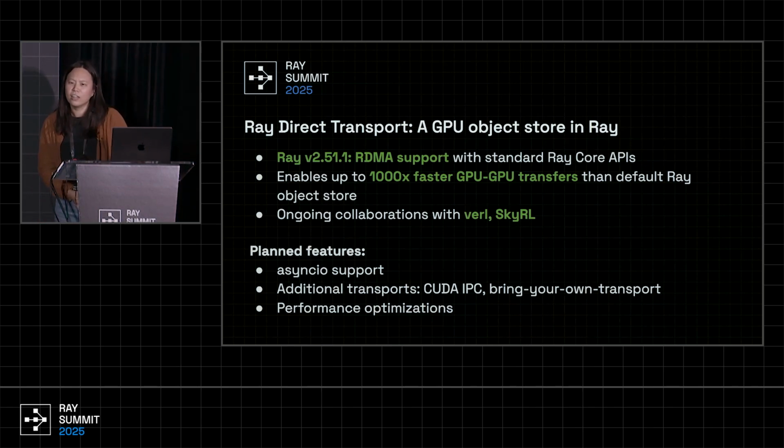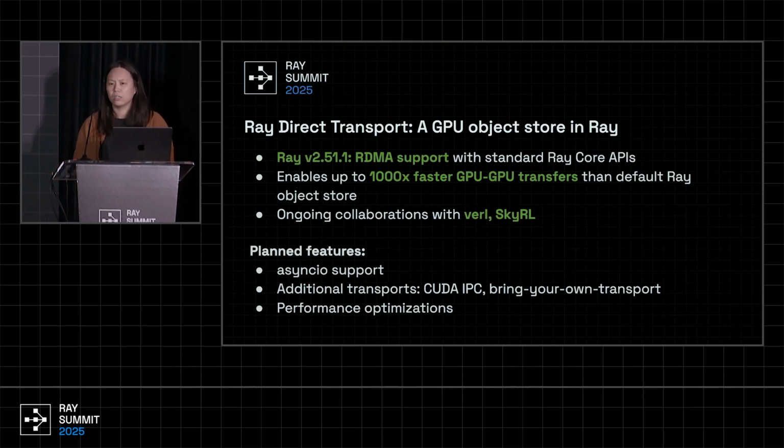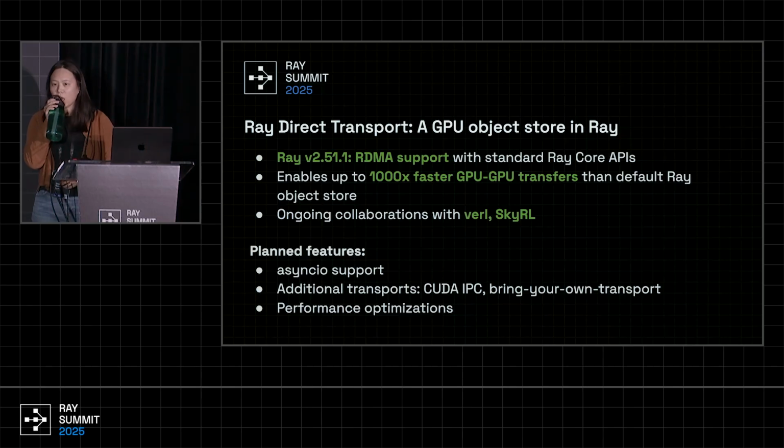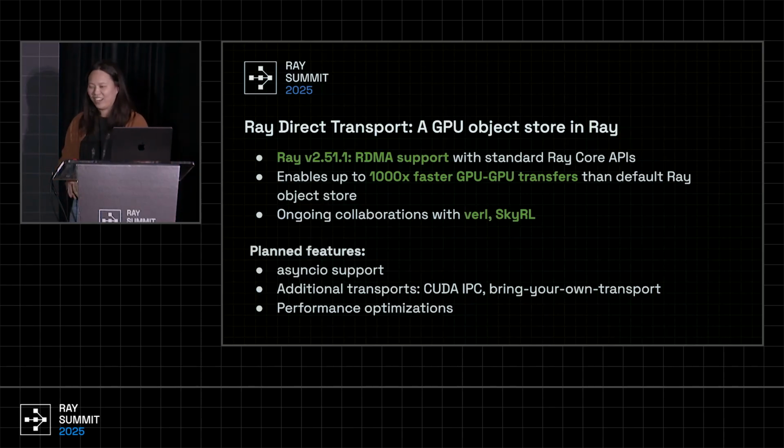Sure. You gave some examples about using the data transfer inside the actor. Does it also support Ray tasks? Do you want to answer? Okay. The question is whether it's supported for Ray tasks. Unfortunately, no, it's not supported for Ray tasks, and we're not planning to support that soon.